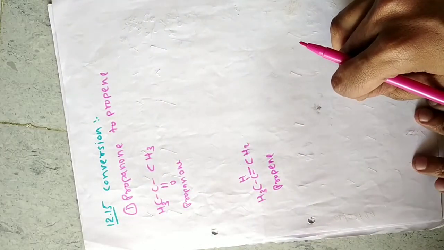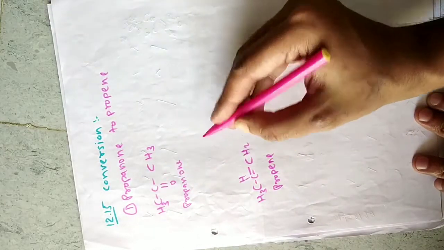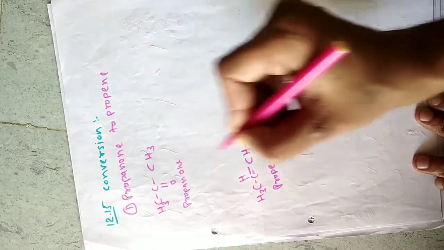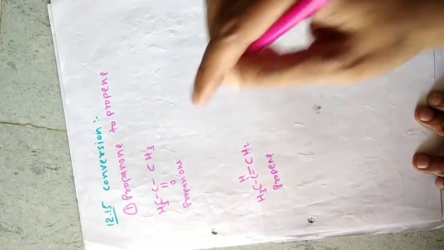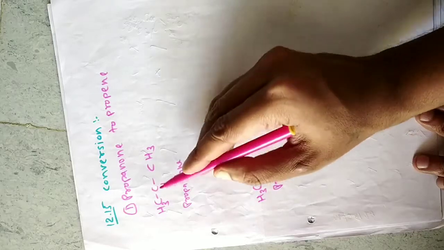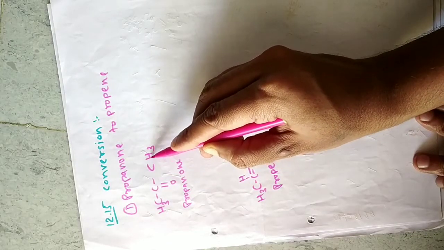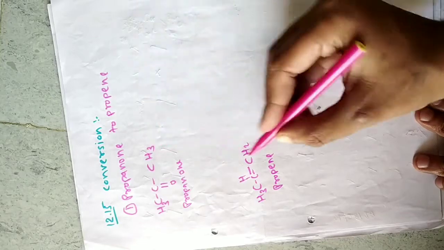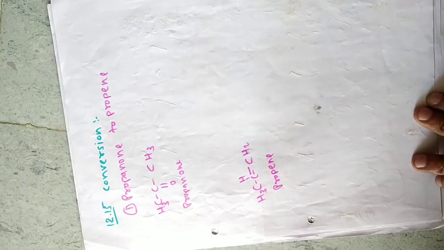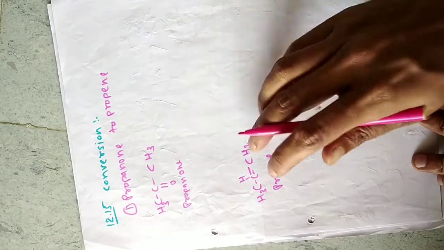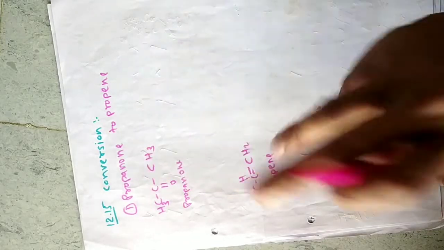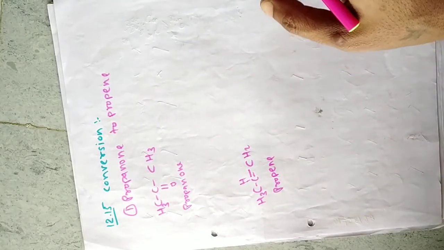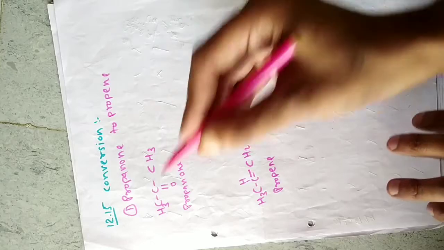What is the difference between these two? You can see oxygen is missing, that is the first difference, and hydrogen too: this is CH3, this one is CH2, so hydrogen is also missing, and we have to make a double bond. So that's the major difference between these two.